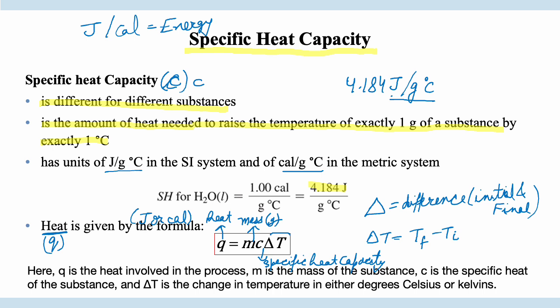ΔT here means it is the change in temperature, so final minus initial. It can be in degrees Celsius or Kelvin, doesn't matter. You just have to subtract and get the difference.